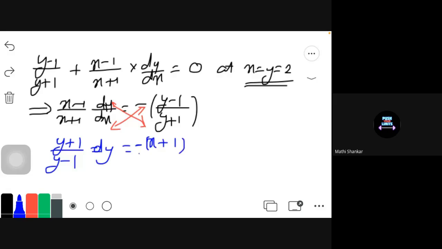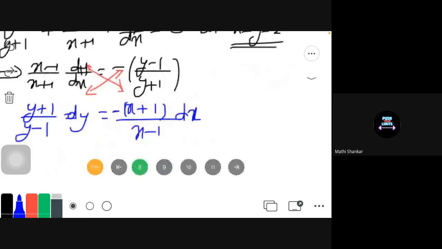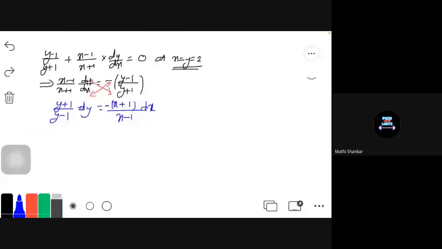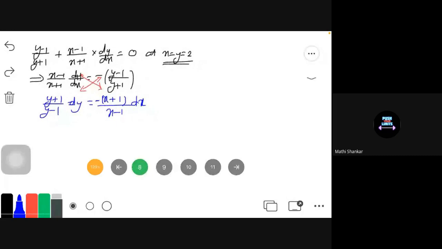So I'll get y plus 1 upon y minus 1 into dy is equals to minus of x plus 1 upon x minus 1 into dx. So successfully I have brought y with dy and x with dx. Once I get this, I will have to do integration. So we will perform the integration now.